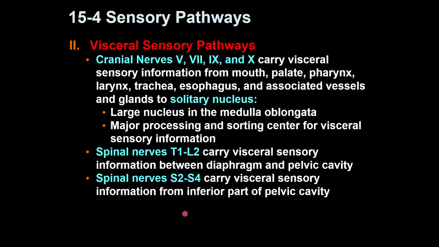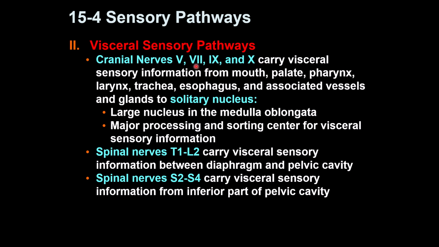Different parts of the organs are supplied by different nerves. The organs in the face, for example the inner side of the eye, the nasal cavity, the mouth, pharynx, larynx, trachea, esophagus, lungs, heart, and the major blood vessels receive sensory information and send it through these nerves.